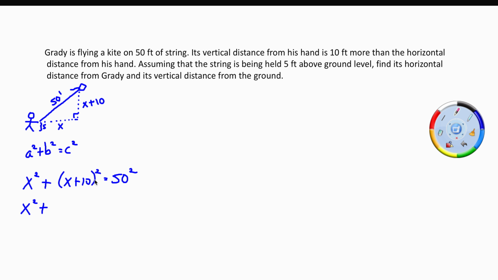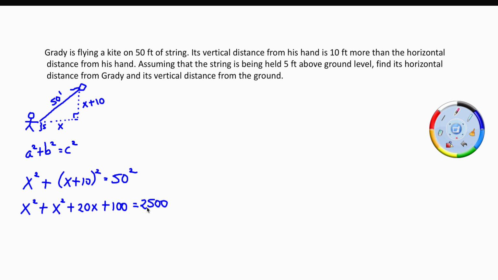So x squared, here it is again. Very beneficial to know that shortcut. Square the first one, multiply everything together, which gives us 10x, and then double it for 20x, and square the last one. Equals 2,500.